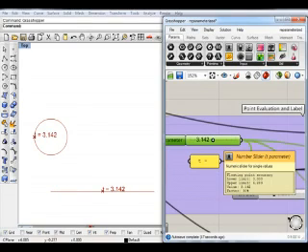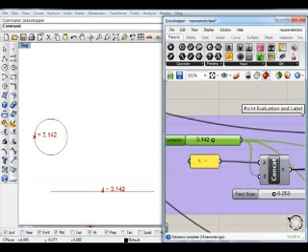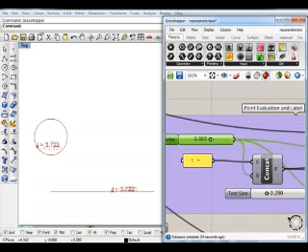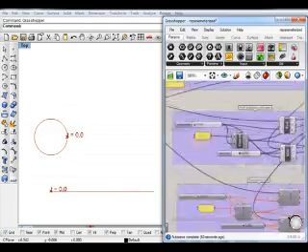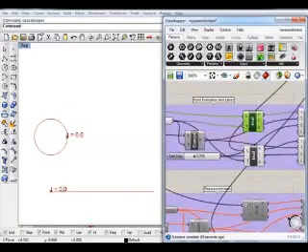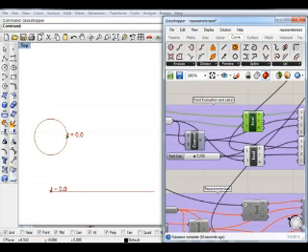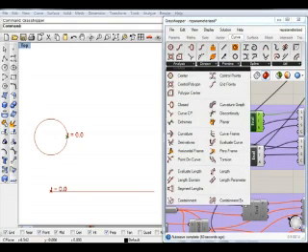And this is just part of the reason, because it's a circle that we're dealing with here. If this were a line, 0.5, if it was reparameterized, would work. But I'll show you that in a second. So anyway, we're moving along the circle and the line simultaneously. And we're just using this evaluate component, which is set here under curve analysis, evaluate curve, and you can see it has that letter T there.